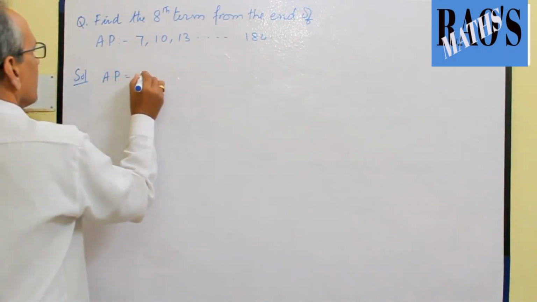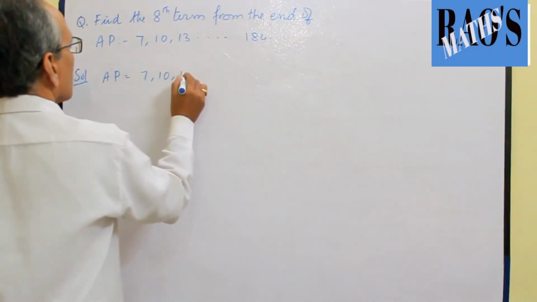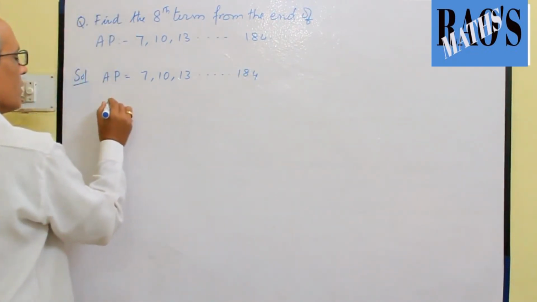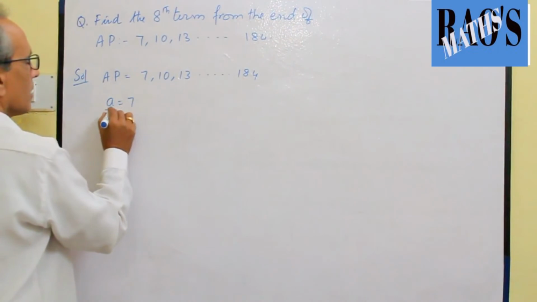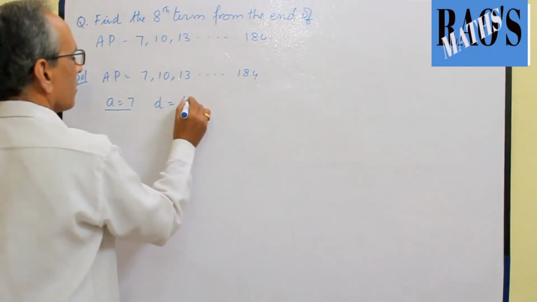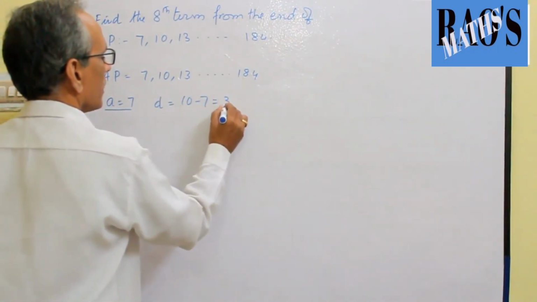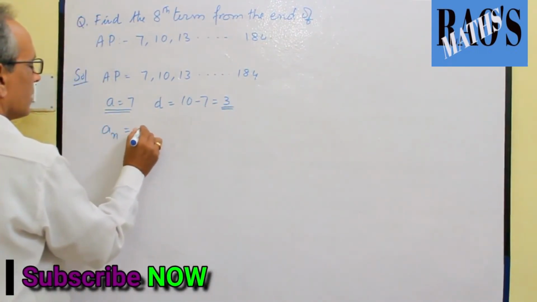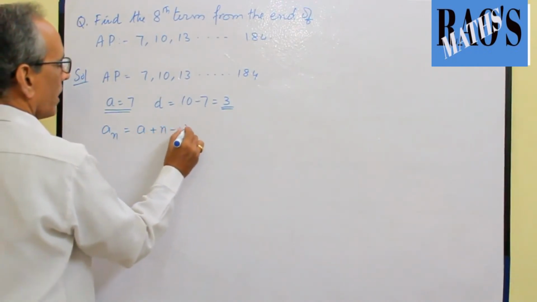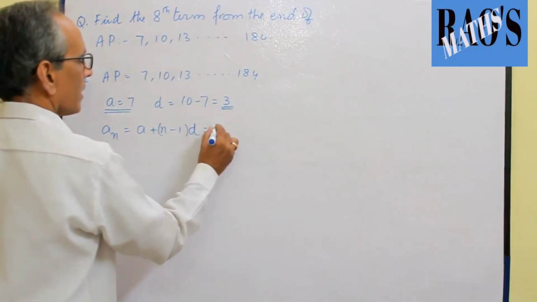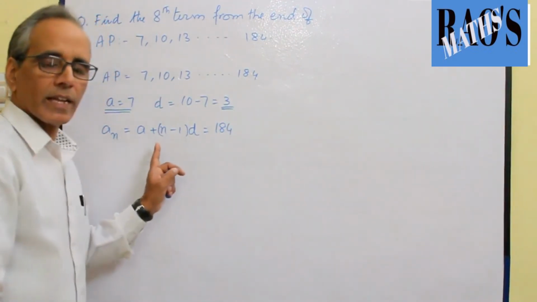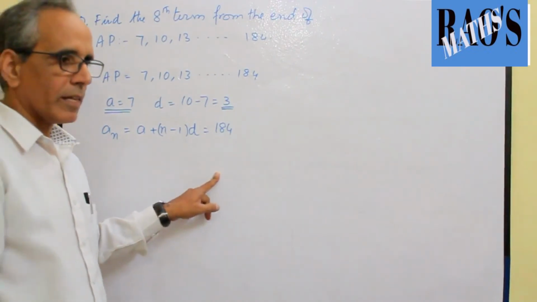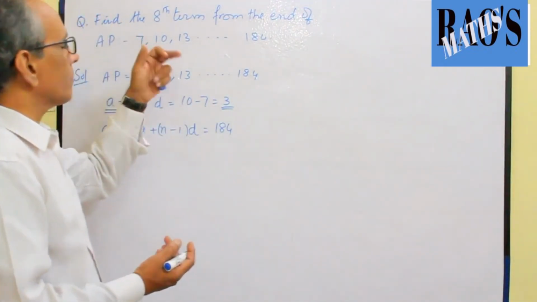You are given the AP 7, 10, 13 whose nth term is 184. From this we can define a as 7, and d is 10 minus 7, that is 3. The nth term, which is a plus (n minus 1) d, is given as 184. So we can find the n value whose term is 184. If you know the n value, we can calculate the 8th term from the end.